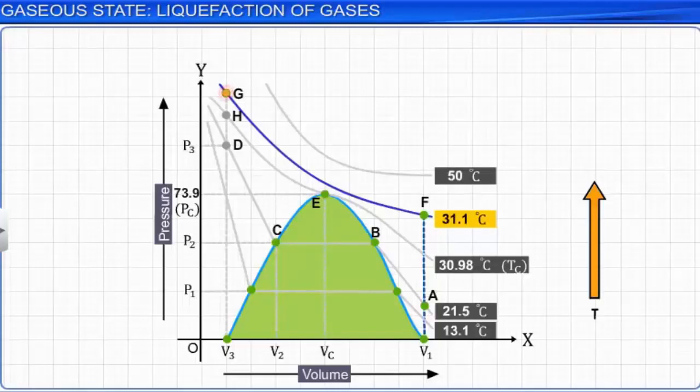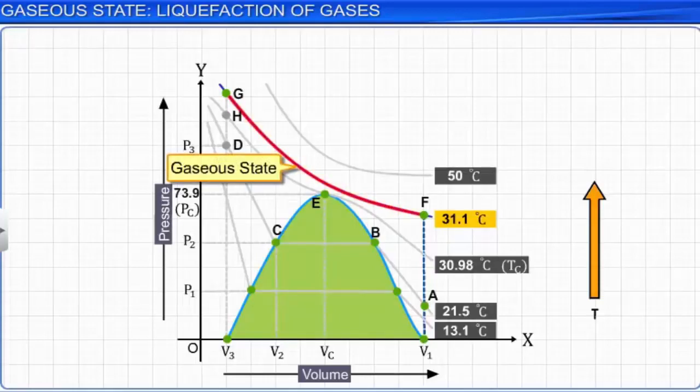As the curve FG lies above the critical temperature, increase in the pressure doesn't result in the liquefaction of the gas. Hence, curve FG represents the gaseous state.